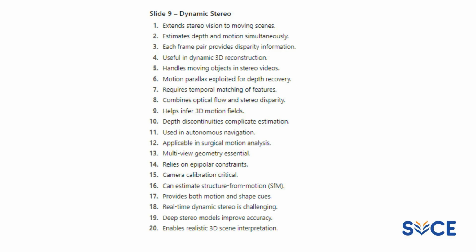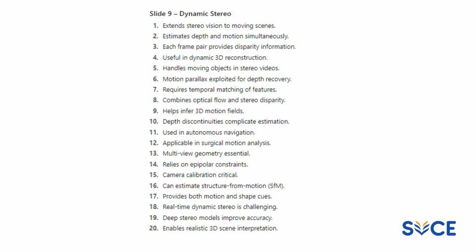The challenges here: first, the correspondence problem. Finding matching points across multiple frames and viewpoints is difficult, especially for textureless or occluded regions. Second, computational complexity, since dynamic stereo requires processing both disparity maps and temporal motion. Third, noise and lighting changes: the depth estimation can be affected by shadows, reflections or low-texture areas.